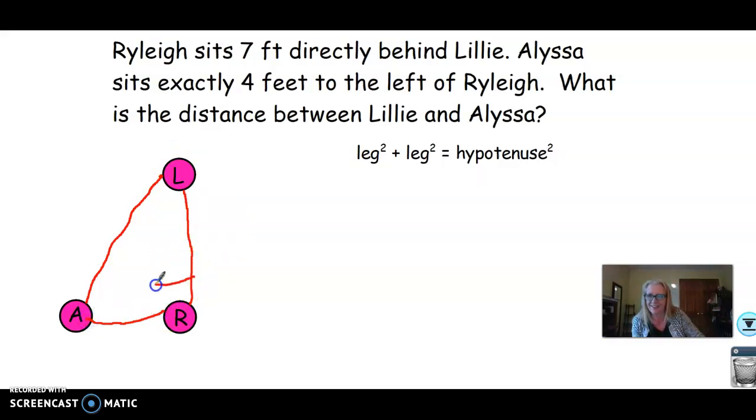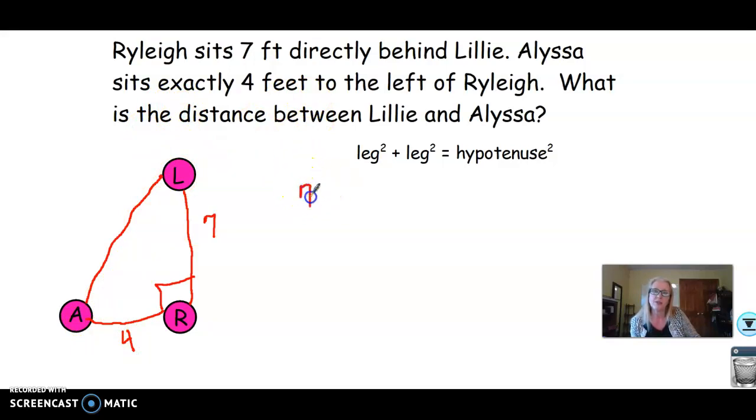I should have just used the line drawer. That's terrible. This is our right angle because Riley is directly behind Lily and Alyssa is directly to her left. Don't look at the lines. So these are our legs here, and we know that this distance is 7 feet, and this distance is 4 feet, and we're trying to figure out what's the distance between Lily and Alyssa.